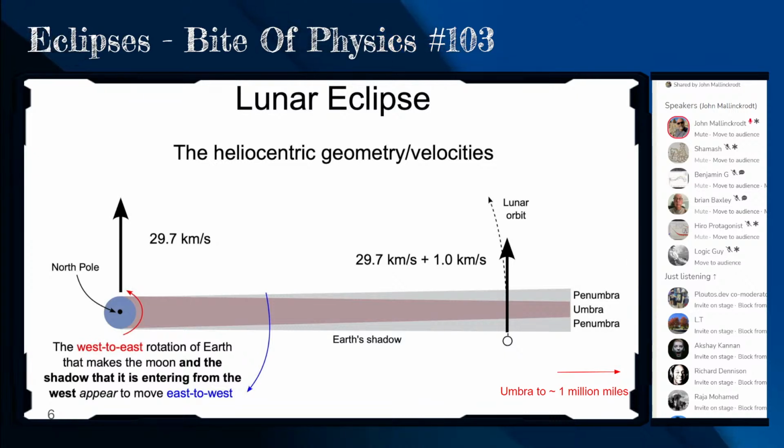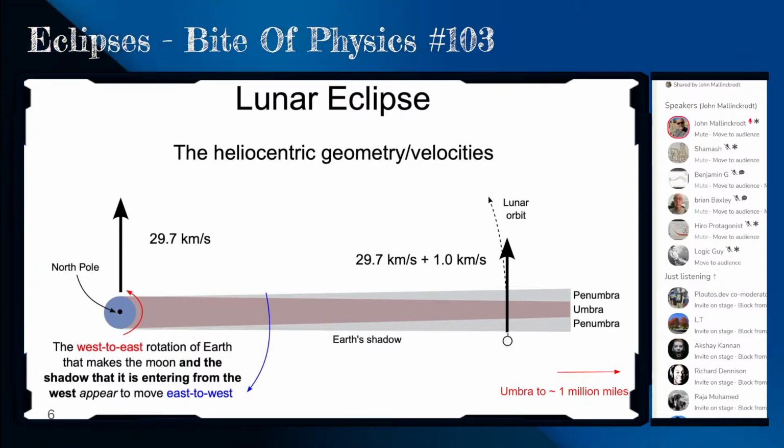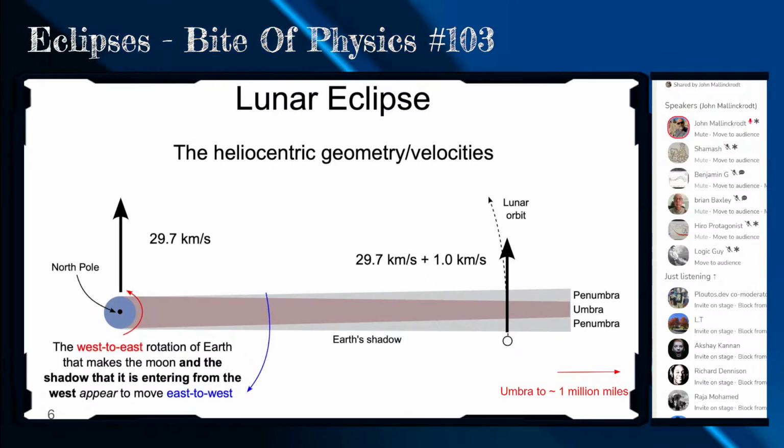That's an important thing I should have emphasized as well here. When we look up at the moon, it looks like it's moving east to west, even though it is orbiting the Earth in the opposite direction from west to east, just because we're being carried around so quickly.